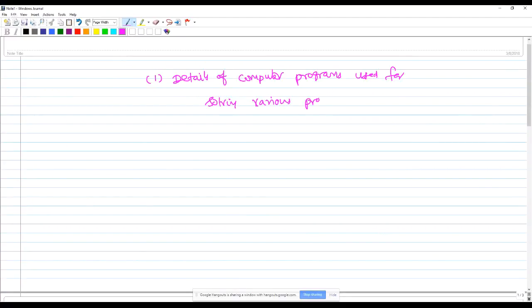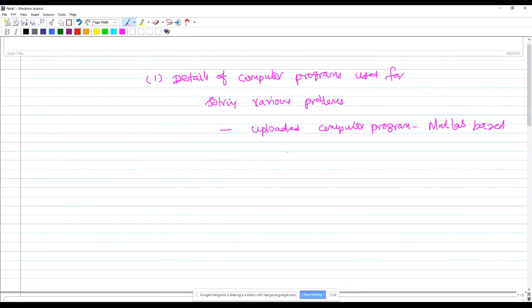I am sure each lecture shows the detail of the computer coding. However, for your simplicity, today we have uploaded the computer program which is MATLAB based, for solving a variety of problems.